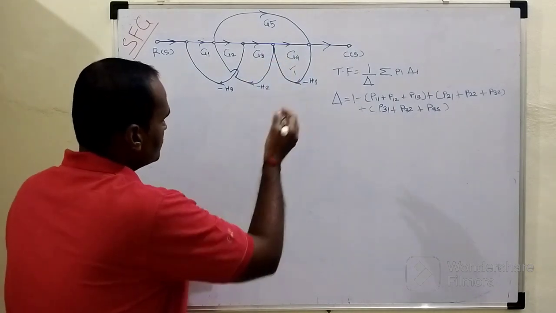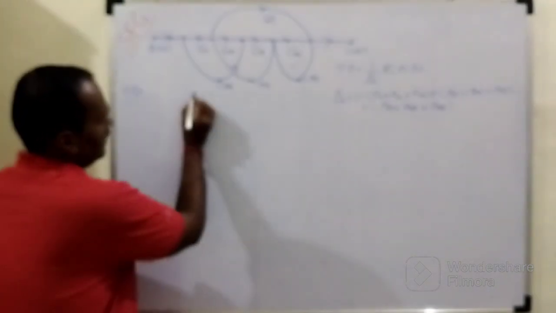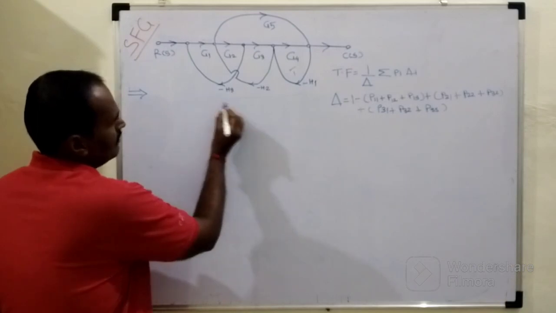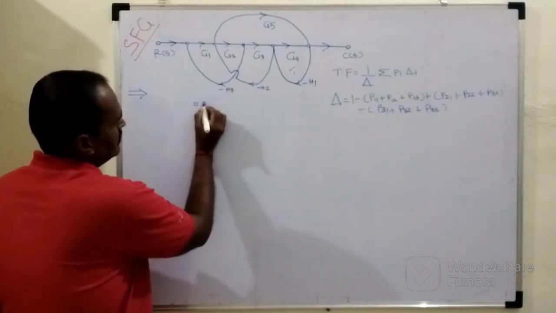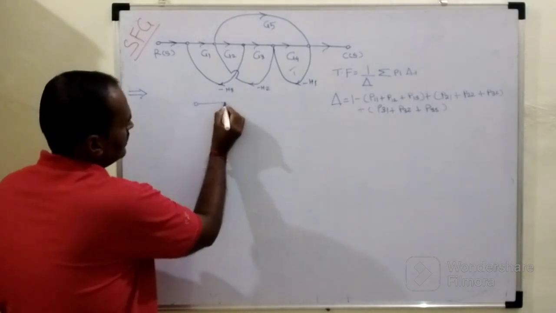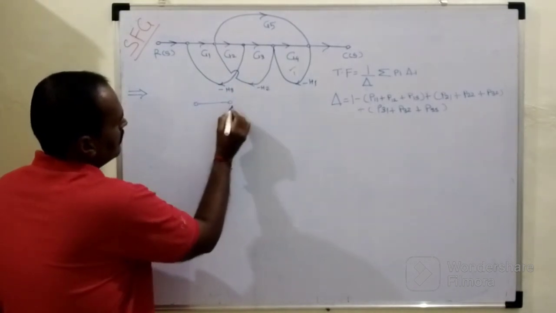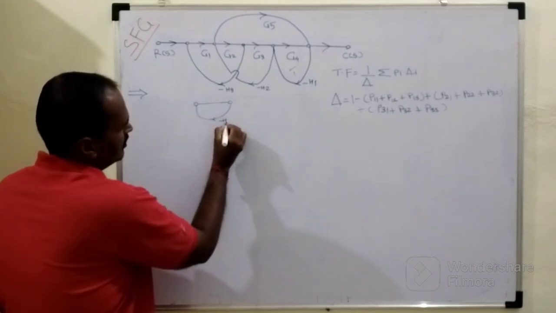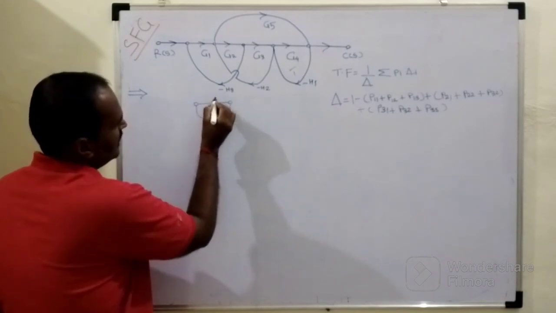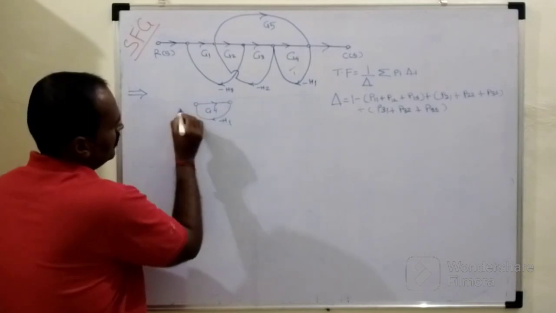Similarly, how it is to be represented here individually, I will try to show this loop, which can be called P11. See, in between these two nodes like this, this is the feedback element whose gain is minus H1, and the gain of the forward path is G4.